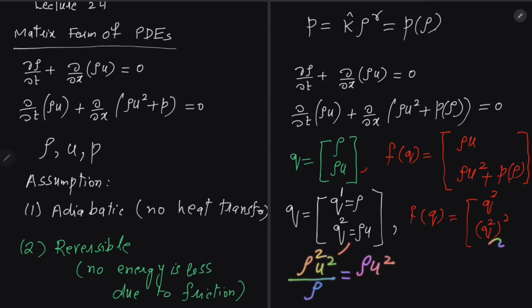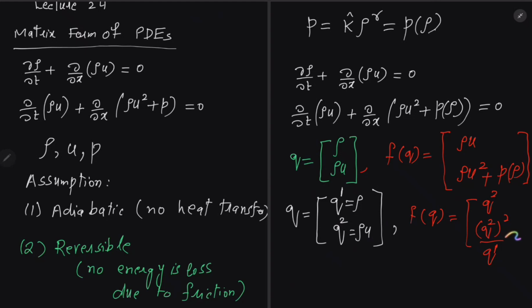So if I write Q2 whole square divided by Q1, then we will get rho U square. Remember that this Q1, the 1 is not a power anyway. These are the components of Q, and Q should be a column vector.